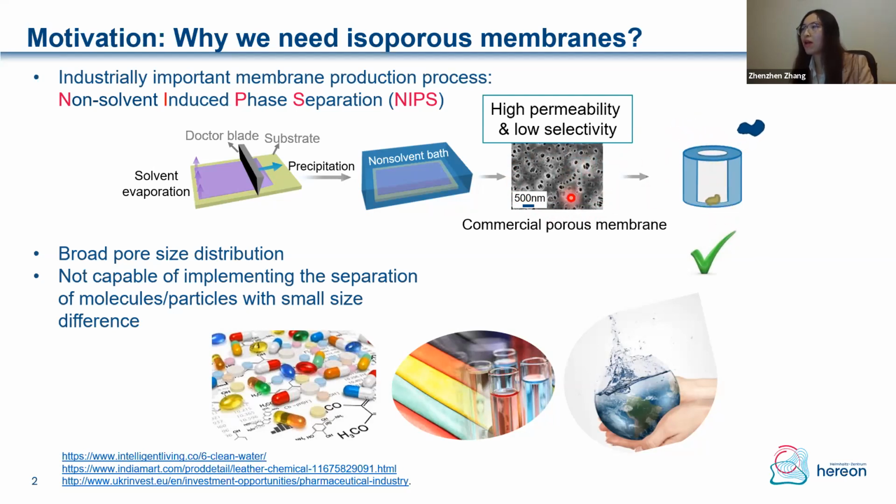We use those membranes to separate molecules and particles with large size difference, but they cannot separate substances with similar size or even with small size difference. This is because of the broad pore size distribution. This is the reason for us to search for isoporous membrane.